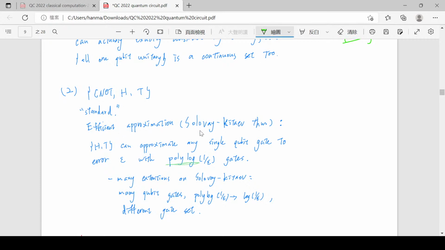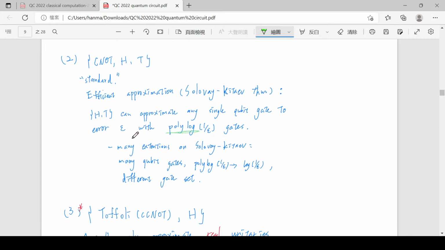And this efficient approximation was discovered by two physicists, I believe, Solovay and Kitaev. The Solovay-Kitaev theorem says Hadamard and T can approximate any single qubit gate to error epsilon.